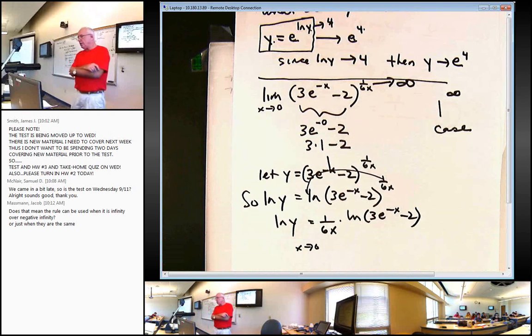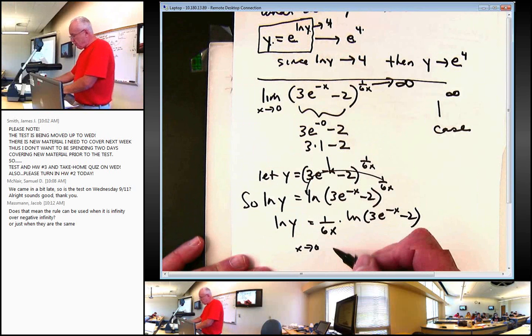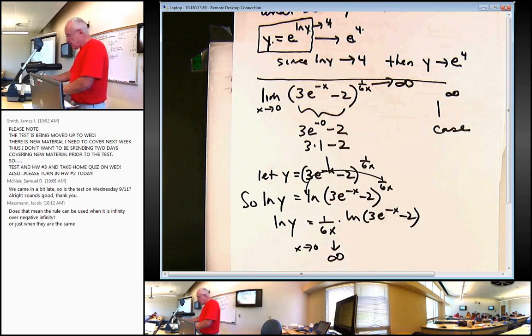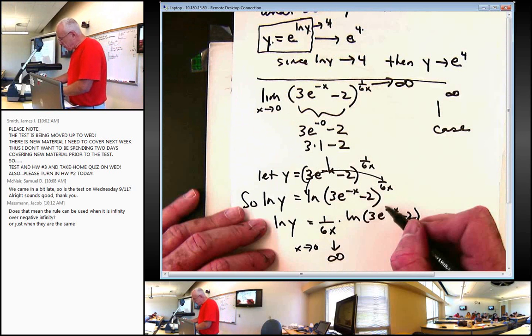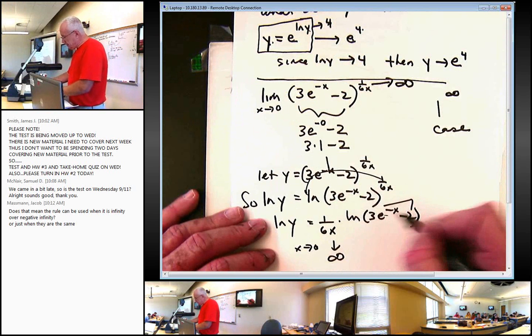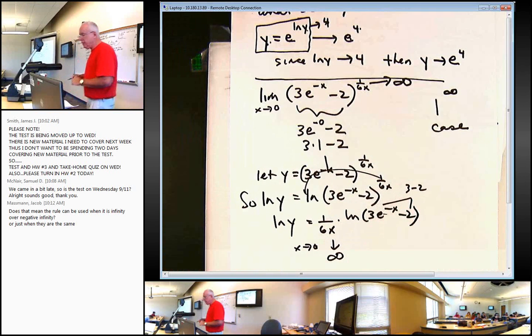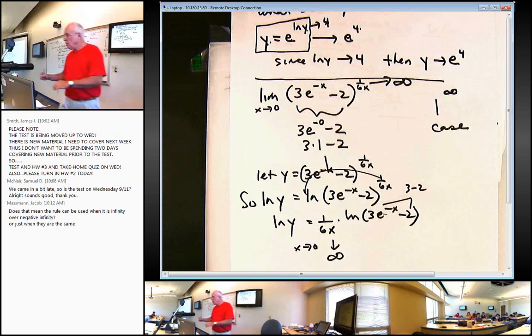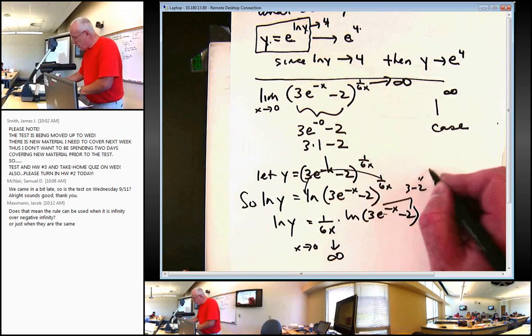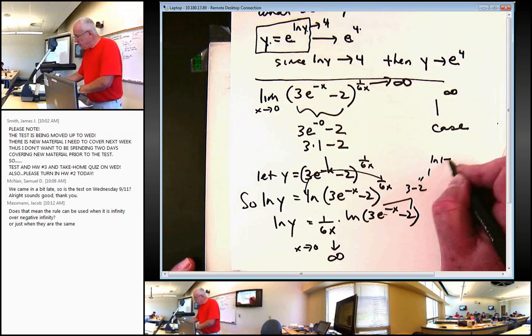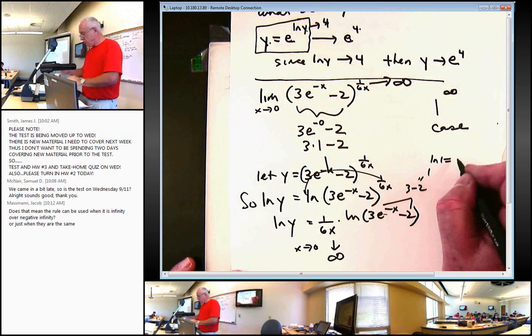All right, so what do we have here? If x is approaching 0, 1 over 6x, well, that still approaches infinity. When x approaches 0, this inside expression approaches 3 minus 2, e to the 0 power is 1, which is equal to 1. And we know that the ln of 1 is equal to 0.